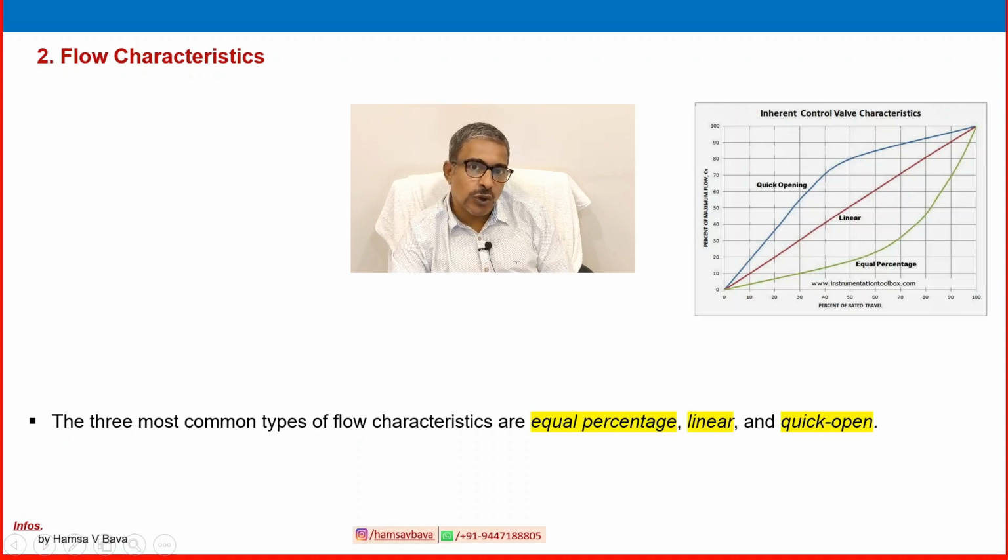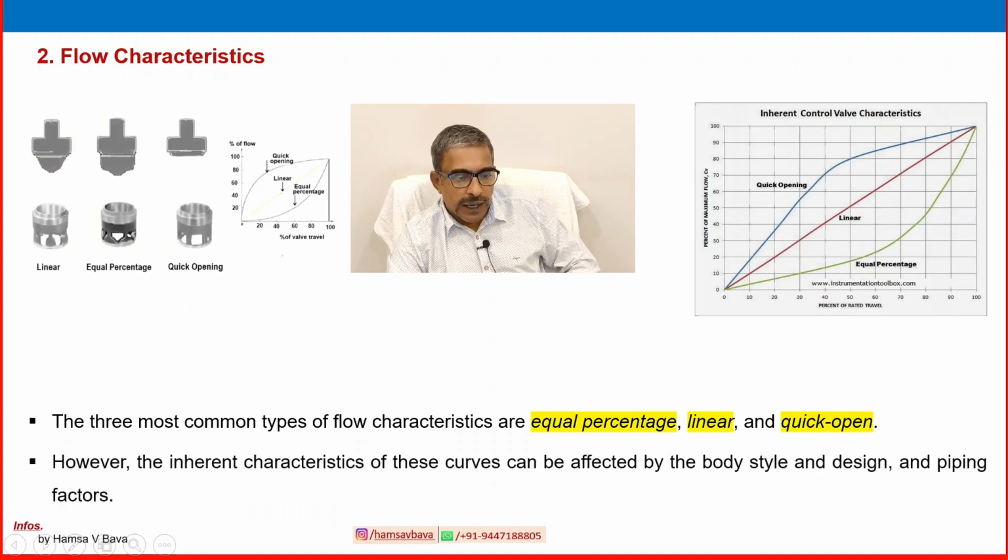We will go through and understand quick opening, linear and equal percentage one by one. These are the graphical representations of the opening element, mechanical adjustment or shaping: linear, equal percentage and quick opening, for a clearer understanding.